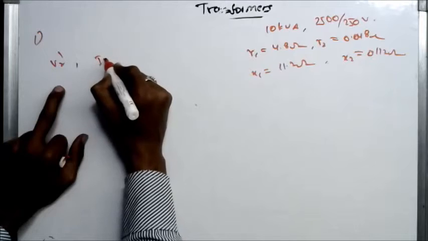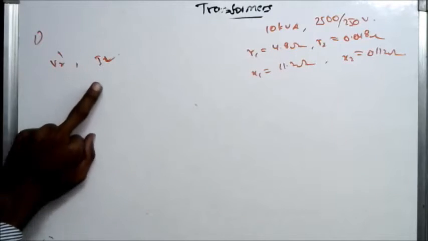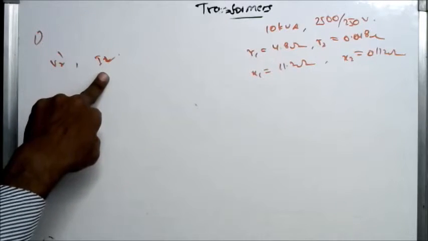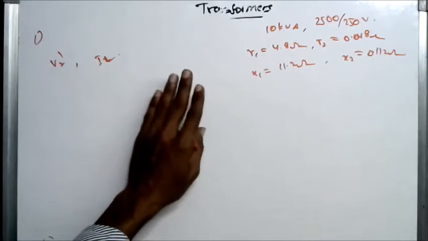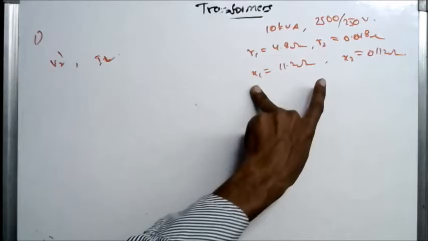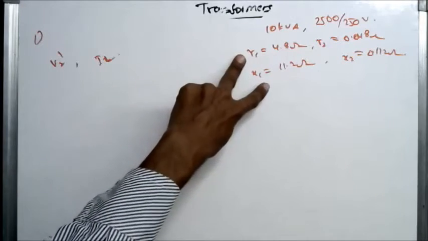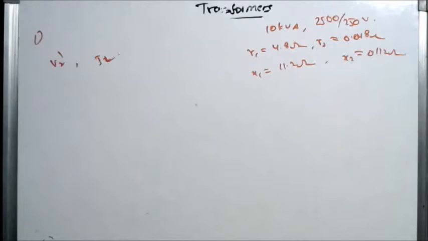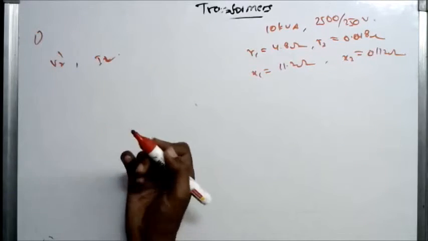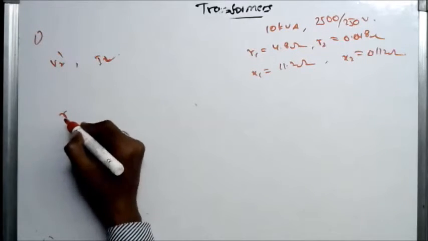So now we will require I2 or IL. This must be required. The primary values X1 and R1 must be referred to the secondary side. We will get ZE2, the equivalent leakage impedance.